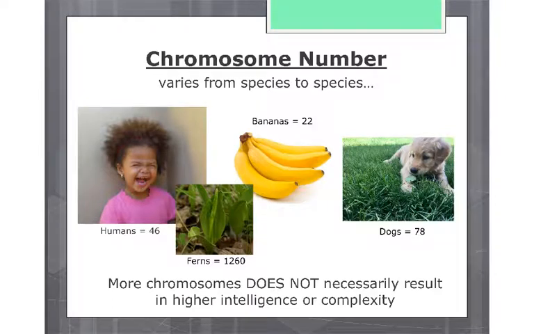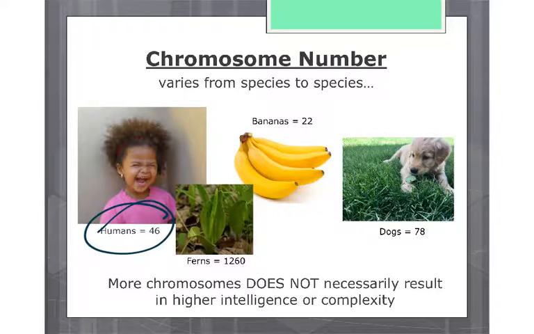Now, looking more specifically at chromosome number, this number will vary from species to species. So some of the examples we have here, like I stated on the previous slide, humans have 46. And when we say 46, we're relating to non-sex cells. We are looking at the everyday regular cell.